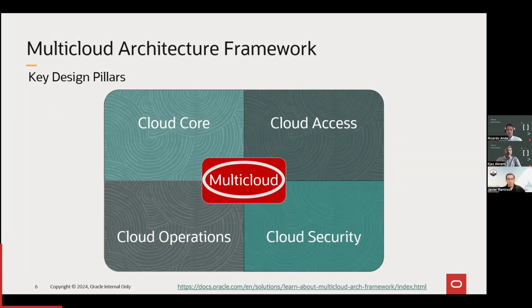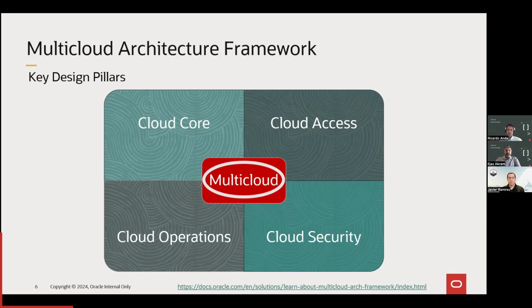For example, if you're going for Oracle, you might be looking for the Oracle database services. Cloud access, so how you physically connect the two clouds together, as well as the connectivity required to your own premises. Cloud security, which is always fundamental for any cloud design, but when it comes to multi-cloud, how best we can secure that.